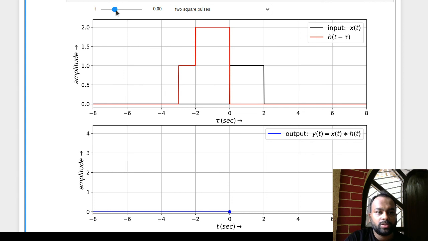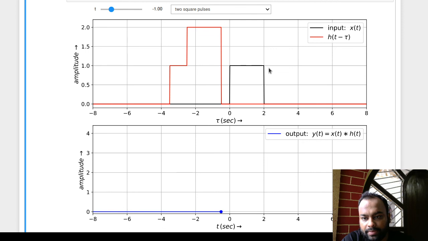In this example, this black one is the input to the system, and this red one is the impulse response.